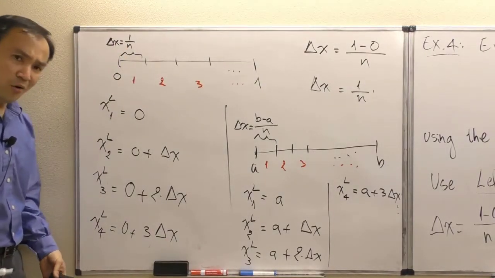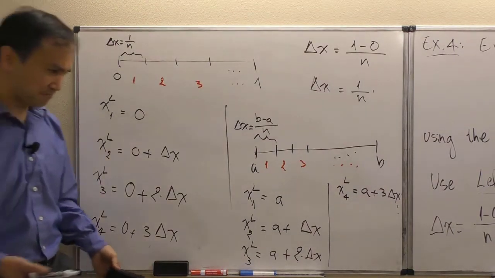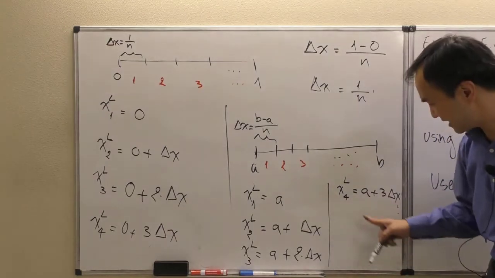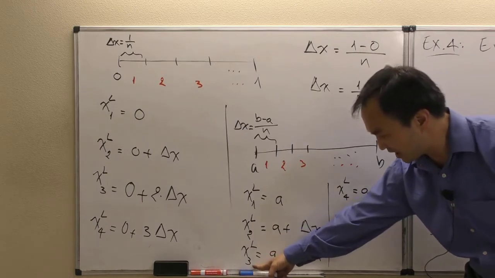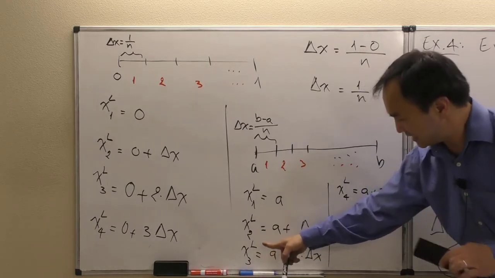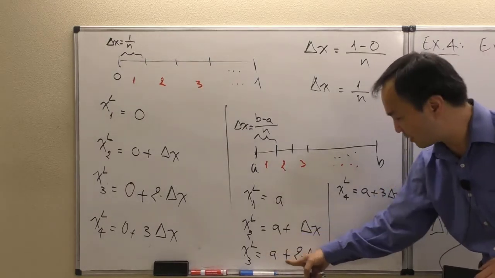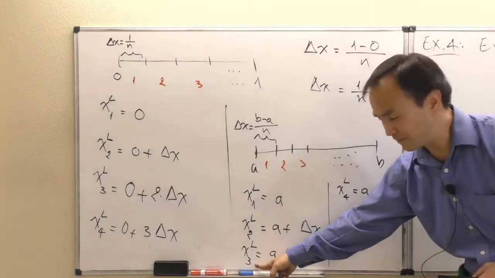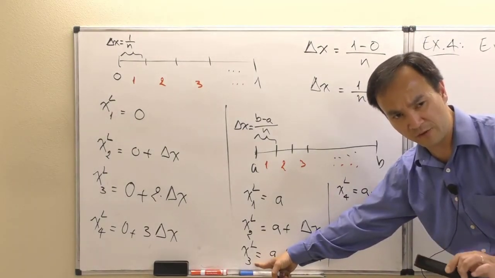Okay, so now we are ready to see a general rule. Have a close observation of this. When we're at the third sub-interval, the left endpoint is the very beginning starting point of the total interval, plus 2 times delta x. So the number 2 here is 1 less than the current sub-interval position.